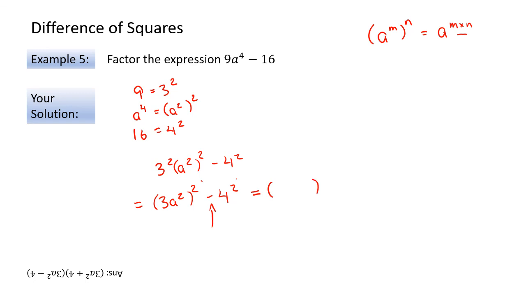So I'm going to put my two sets of brackets here. One is a plus, one is a minus. And now we just fill them in. So this first term, 3a squared, and the second term of 4. So we're left with 3a squared plus 4 and 3a squared minus 4. Okay? So that is the premise behind the difference of squares.